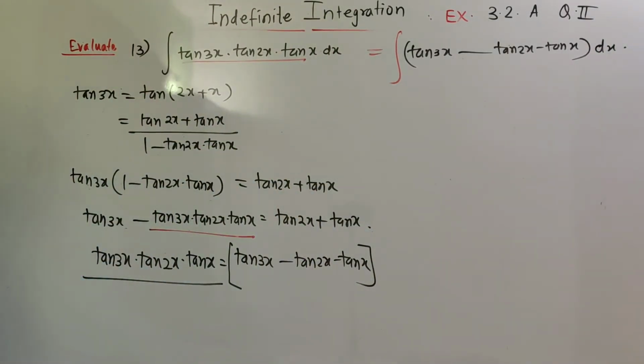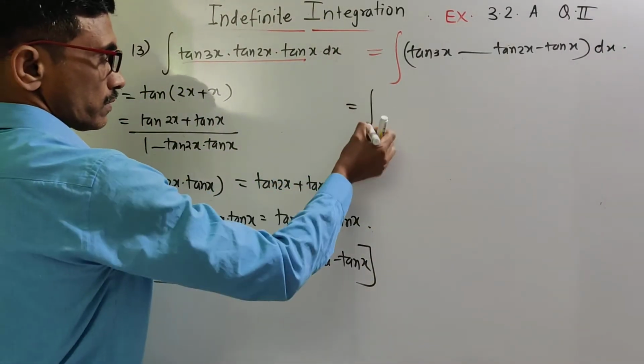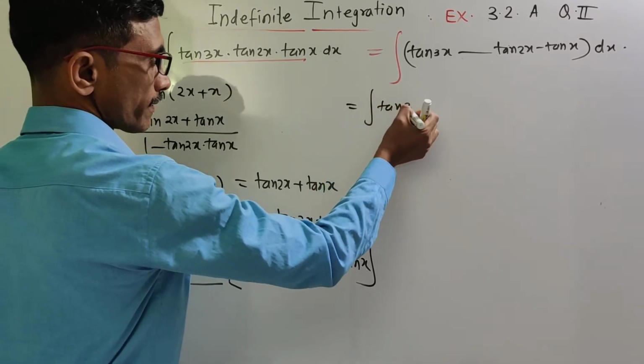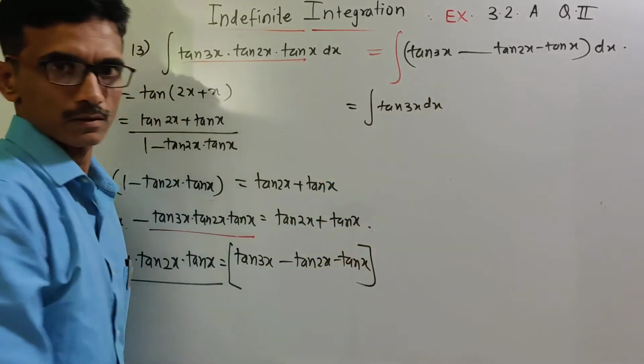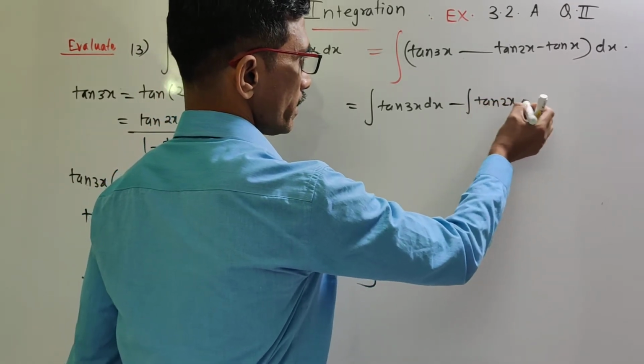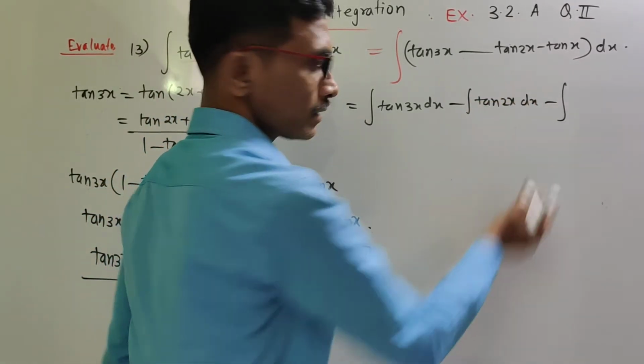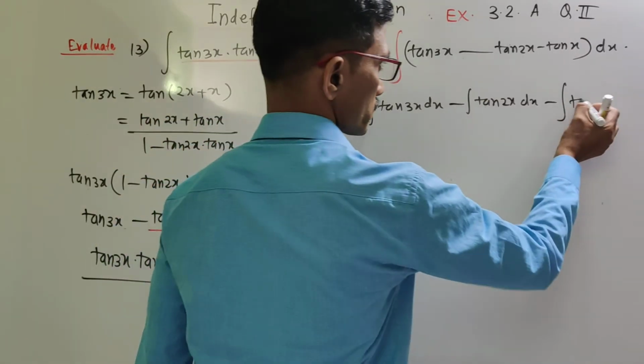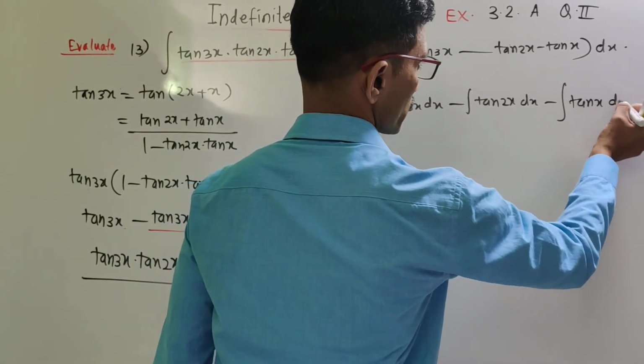Then integral of tan 3x dx minus integral of tan 2x dx minus integral of tan x dx.